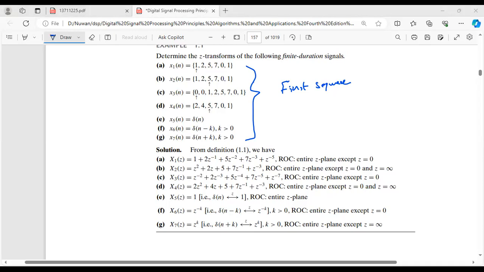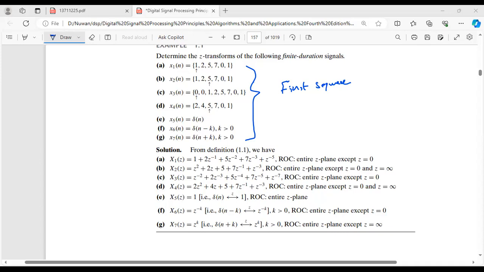We found the Z transform of the u[n] signal, the unity step signal. The signal looks somewhat like this: here it is u[n], we have one here and ones up to infinity.